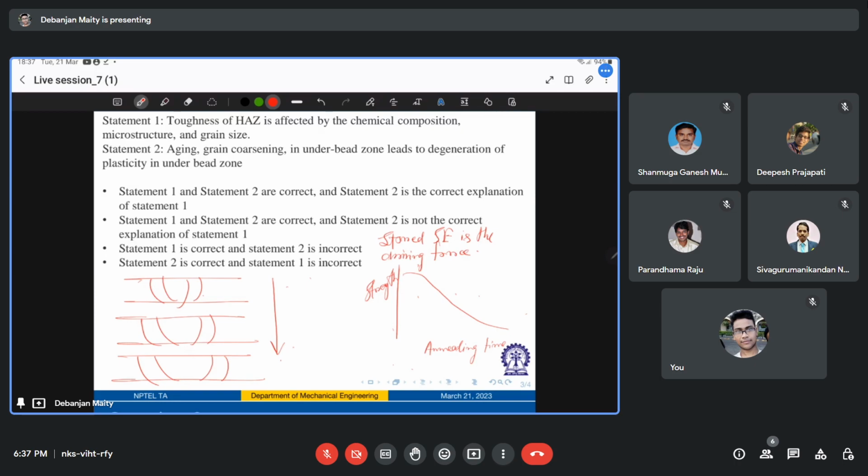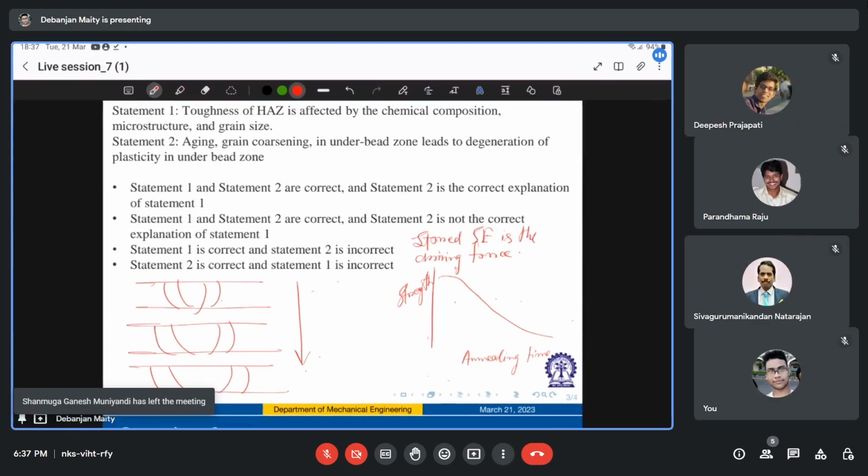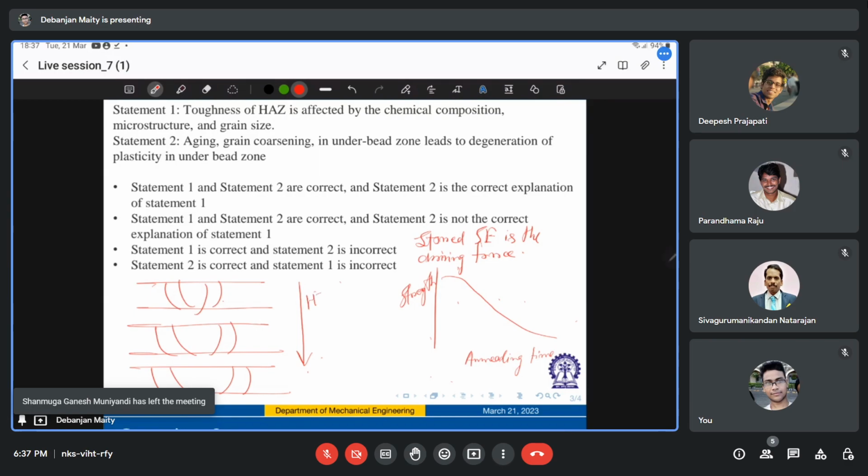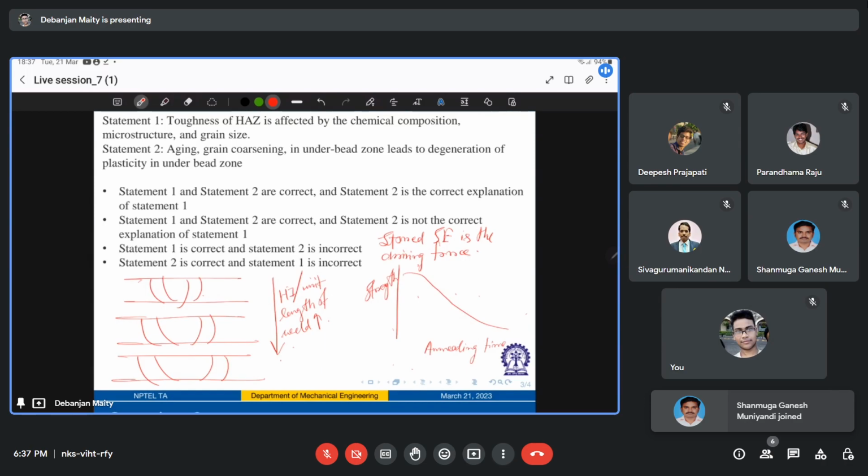You are basically increasing the heat input per unit length of the weld in this direction, and you are getting wider and wider fusion and heat affected zones, correct? And then let's say this is my point 1, this is my point 2, this is my point 3.